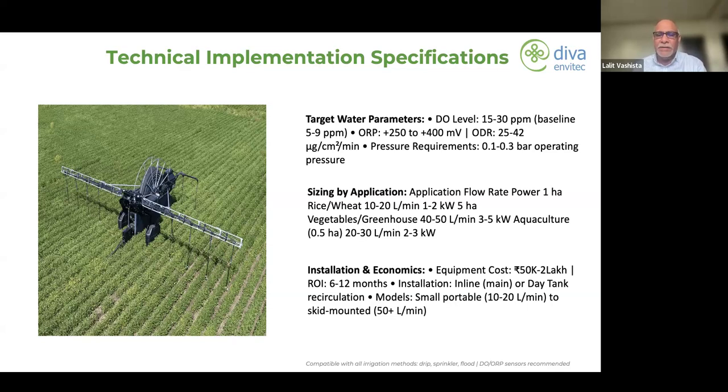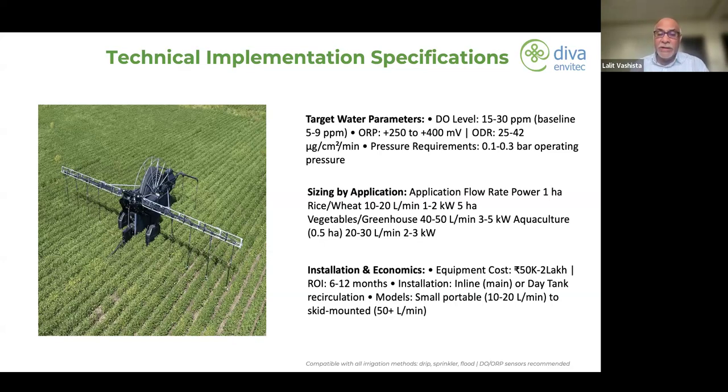These wattages are like running a small heater or small fan in your house. It's not really very high on power consumption. The whole thing is the chemistry and the cavitation effects and the system which is creating this magic.